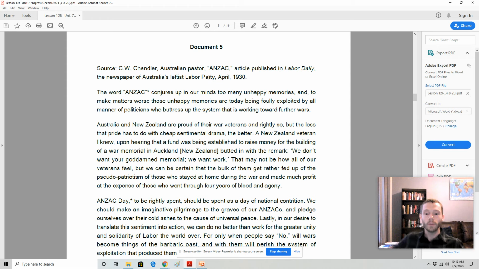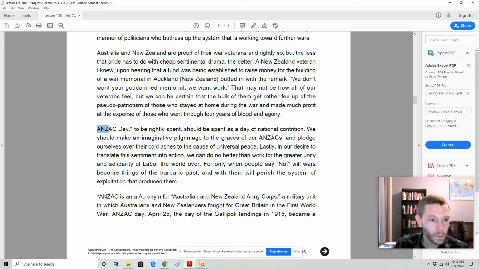Okay, so some of the things we could bring in terms of just general context when we think about many of these Labour parties, middle of the 20th century, many of them are socialist in their ideology. Not necessarily communist, but closer to communism than looking on the other end of the spectrum, fascism or conservative democracies. Notice this quote here. Anzac Day, to be rightly spent, should be spent as a day of national contrition.